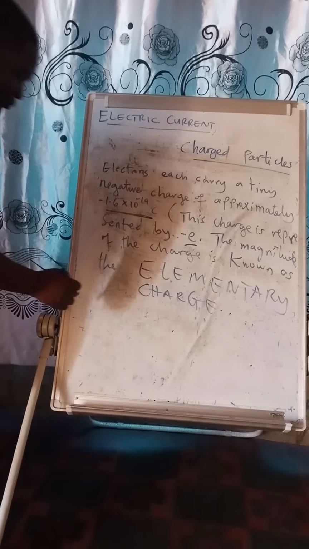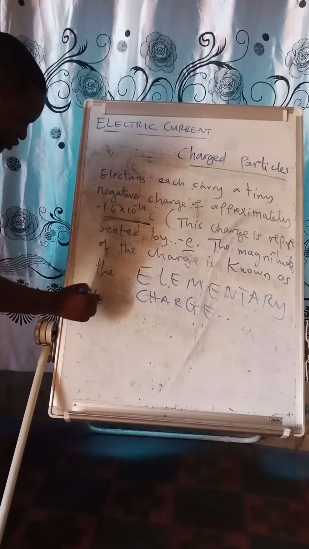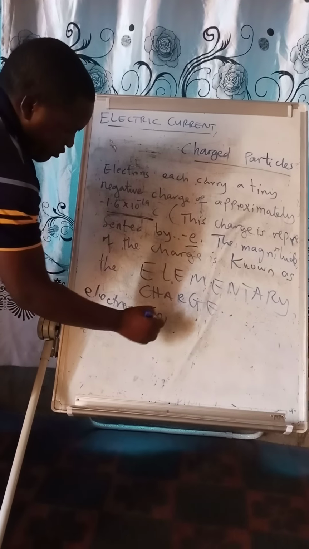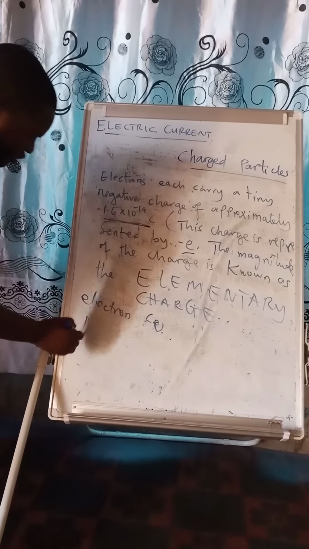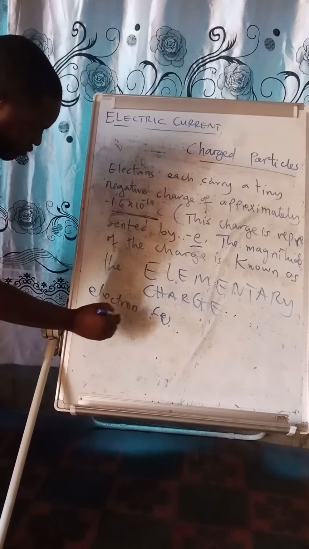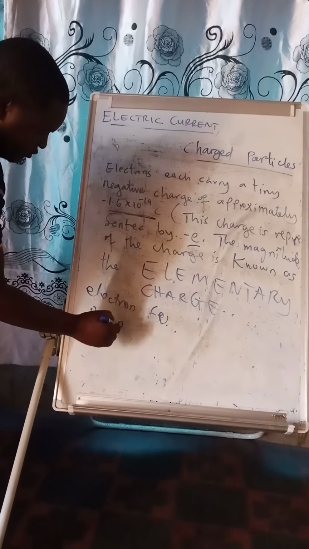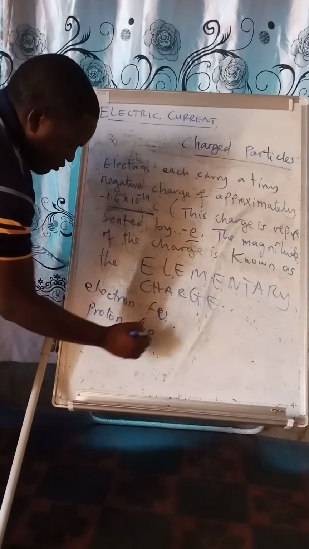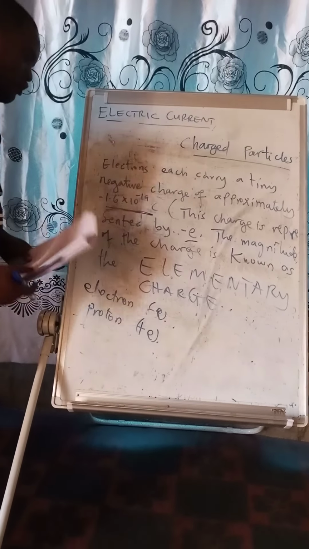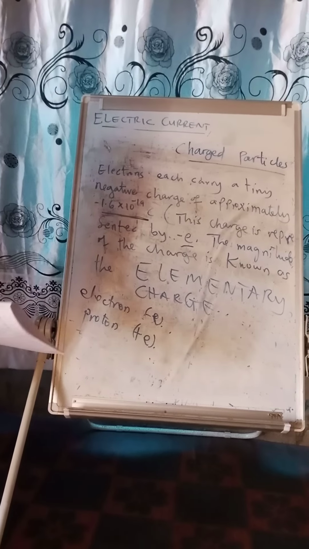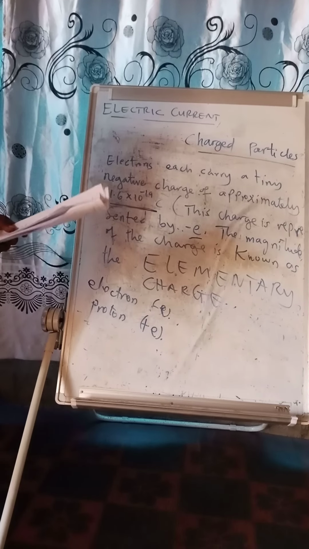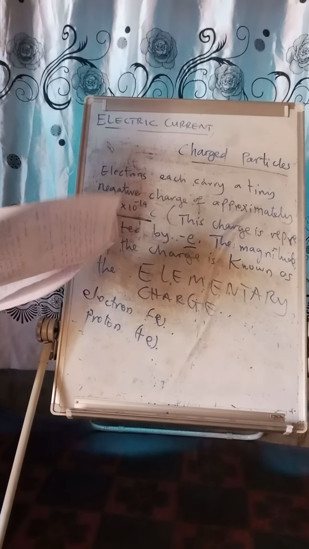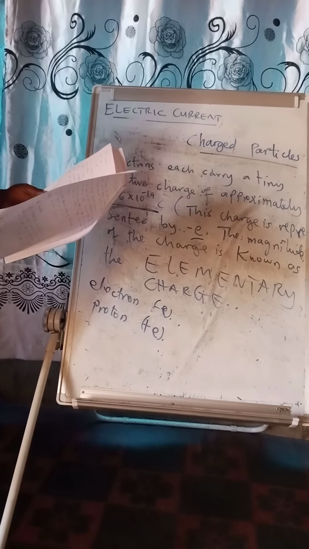Now for the electron, I've seen that it is minus e. For the proton, it is a positive charge, plus e. So this is how you can write the charge of the particles.